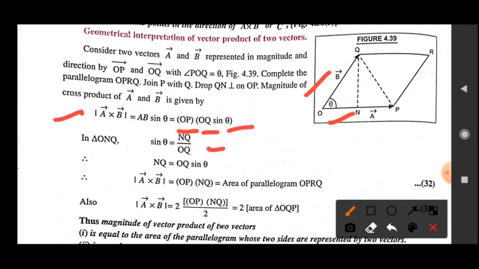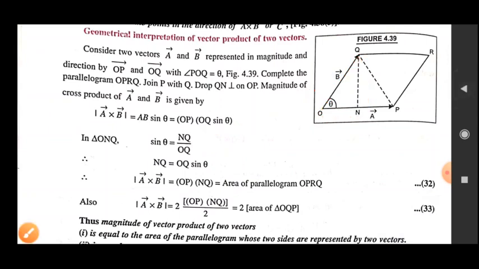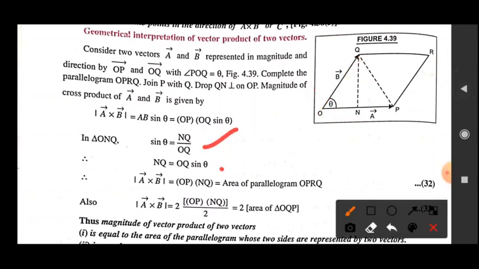From the figure, in this triangle you can find sine theta easily, and then NQ can be found, so in place of OQ sine theta we can write NQ. Then OP into NQ is the area of parallelogram OPRQ.